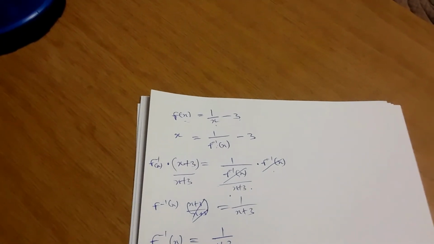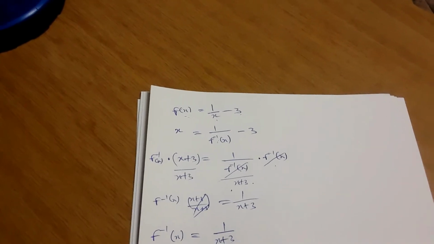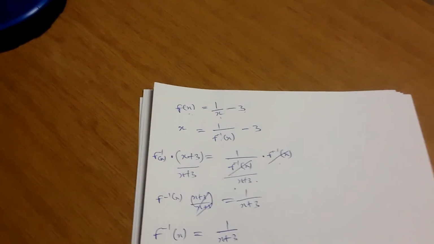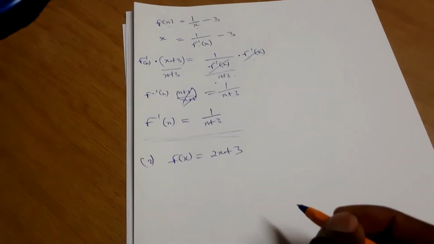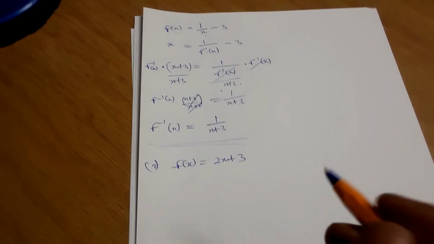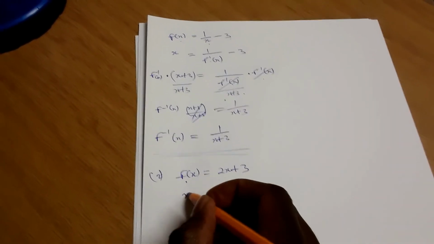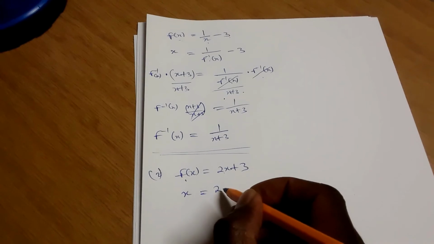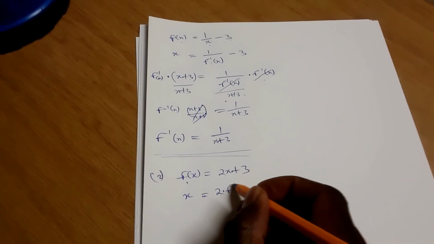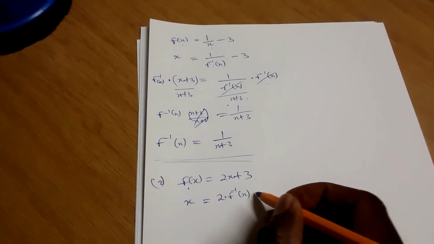Let's consider the last example. We have f of x is equal to 2x plus 3, and we are asked to find the inverse. First you change this to x, then 2, then this you change to the inverse of f of x, plus 3.